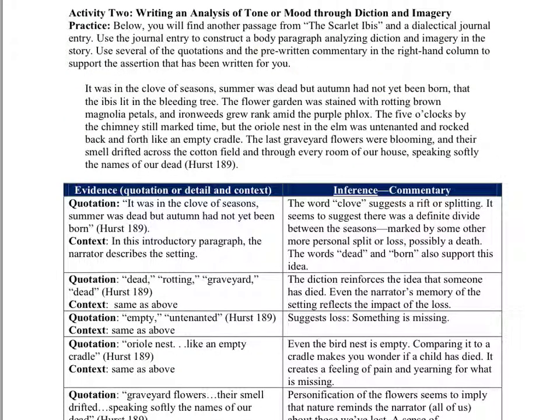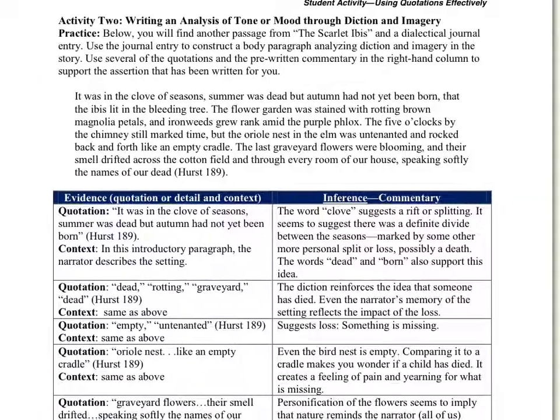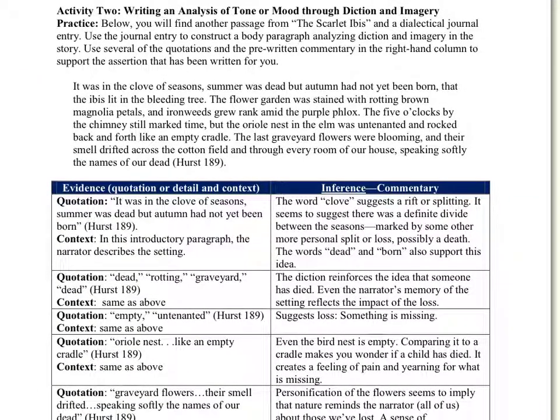Okay, we're almost finished for today. The last thing you're going to do is the same type of thing, except this time we're going to analyze for tone or mood and focus on diction and imagery instead of characterization. Again, we have another passage here from The Scarlet Ibis. Sorry, I had to choose my pen there.